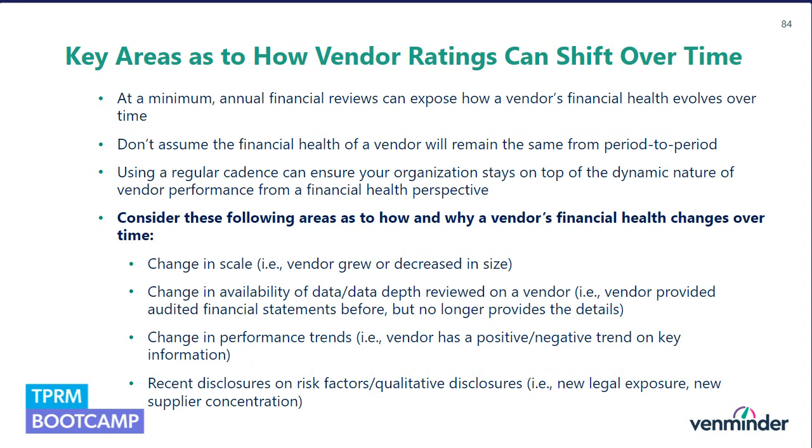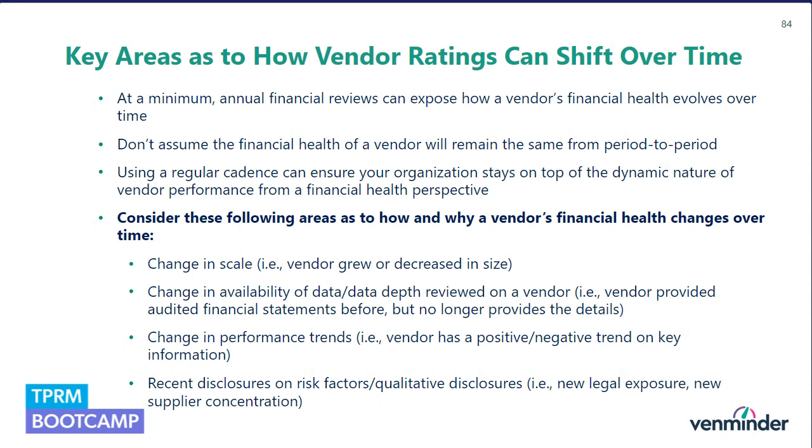Throughout this presentation, we've talked about defining a regular cadence on when you'll do your financial health reviews. This is important because vendor ratings can shift over time. So at a minimum, you should be doing these on an annual basis. Don't assume that the financial health of the vendor will remain the same.